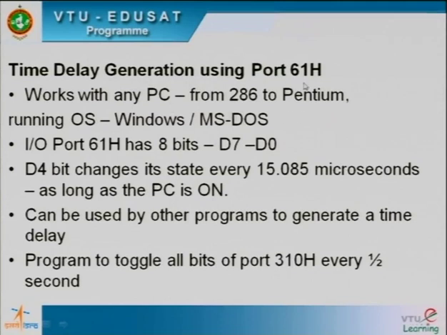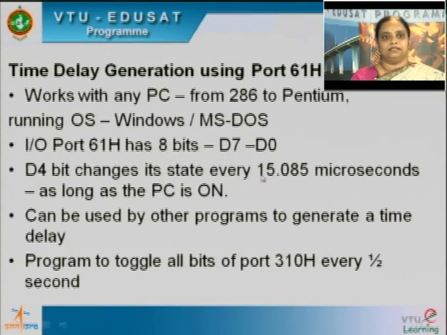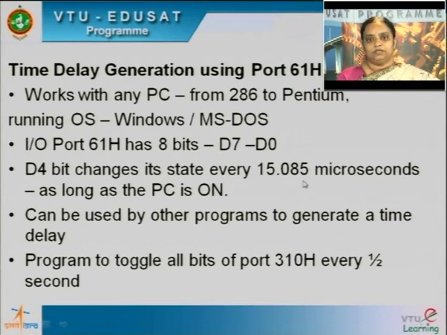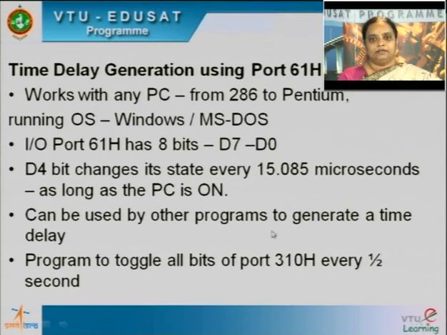The advantage of this port 61H is it has 8 bits, and in those 8 bits the D4 bit changes its state every 15.085 microseconds as long as the computer is on. This can be used as a standard time, and we can use it for time delay generation.